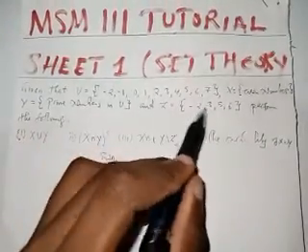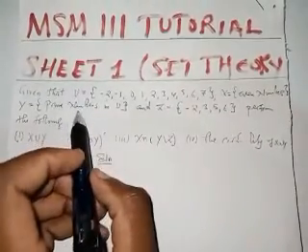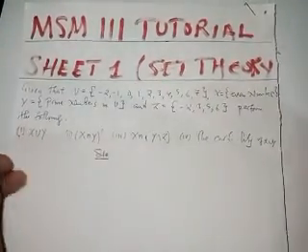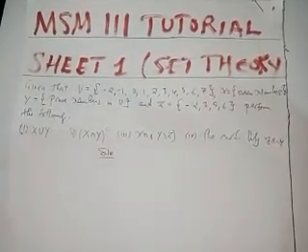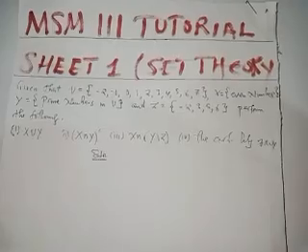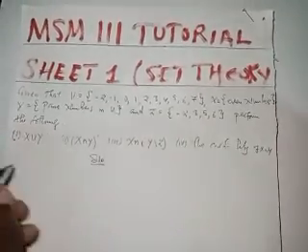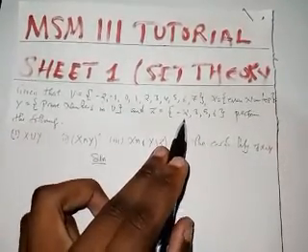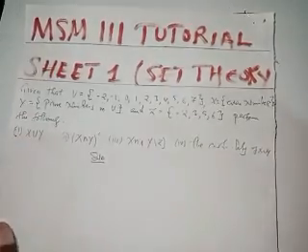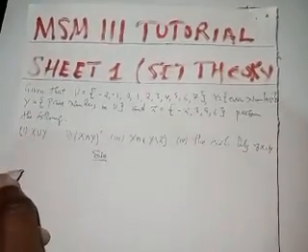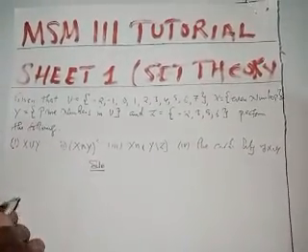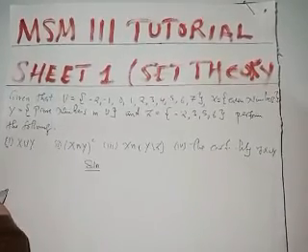Set X and set Y are given by the rule method, where you're just given the rule, and set Z is an example of the listing method, tabular form. So let us list the sets.